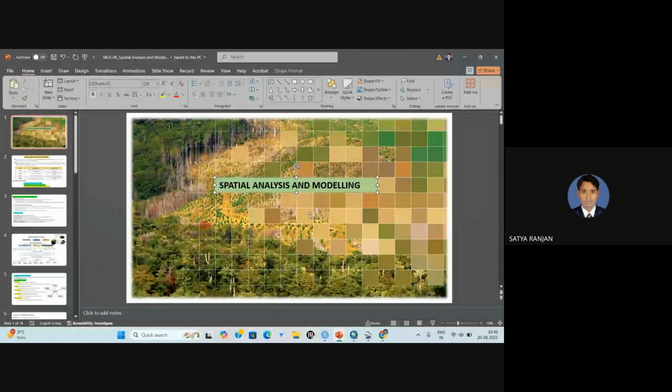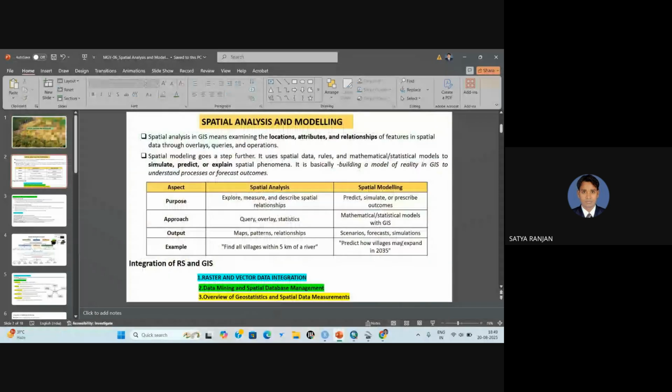Spatial analysis in GIS means examining location. Spatial means space-based information. The location attributes mean the different information related to the location. Then the relationship of features in spatial data through overlays like buffering or distance calculation, then queries and operations.